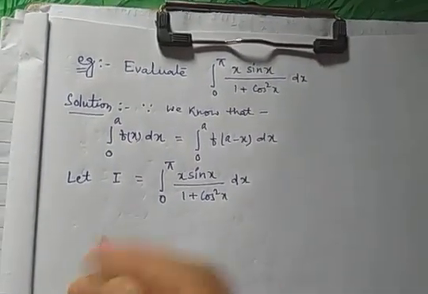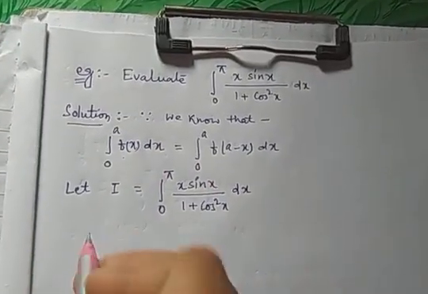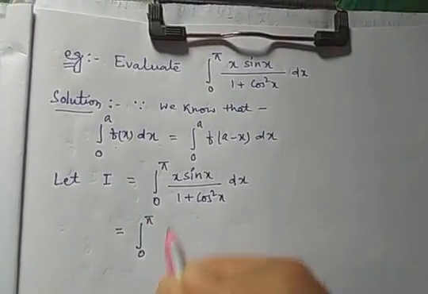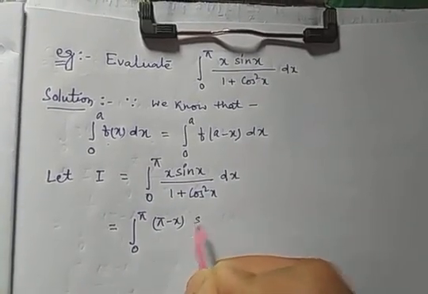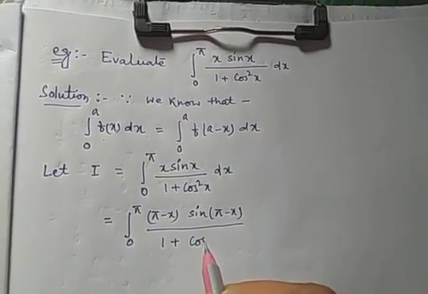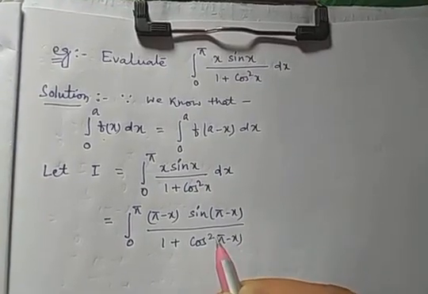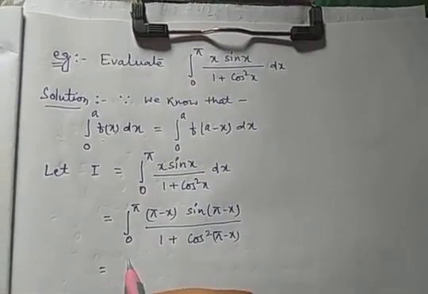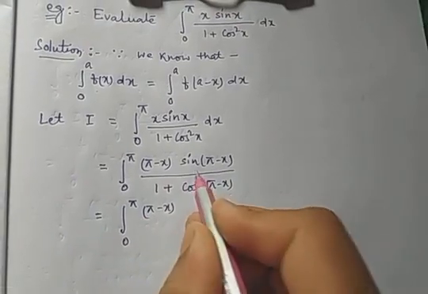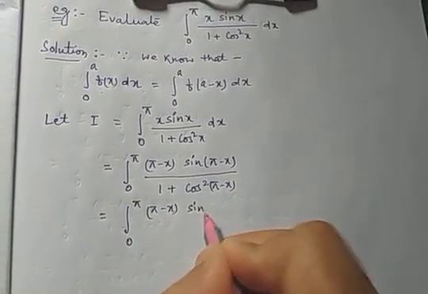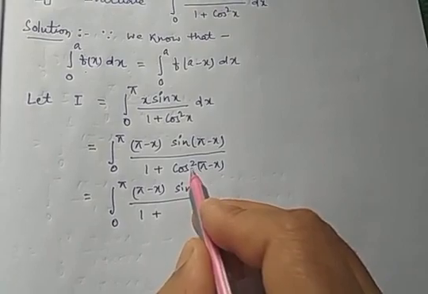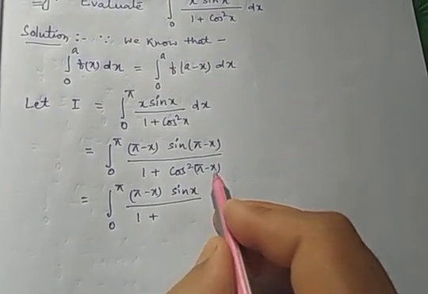Okay, so now using this property students, we can write it as integration from 0 to pi of (pi minus x) into sin(pi minus x) upon 1 plus cos square(pi minus x) dx. Now sin(pi minus x) is equal to sin x, and here students, cos square(pi minus x) we can write as (cos(pi minus x)) whole square.